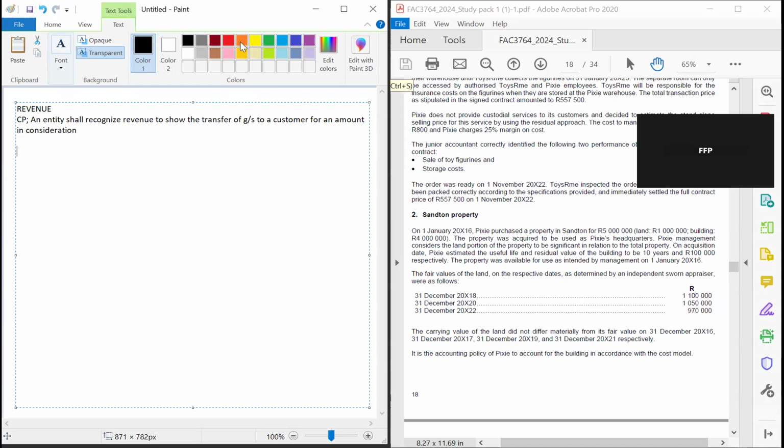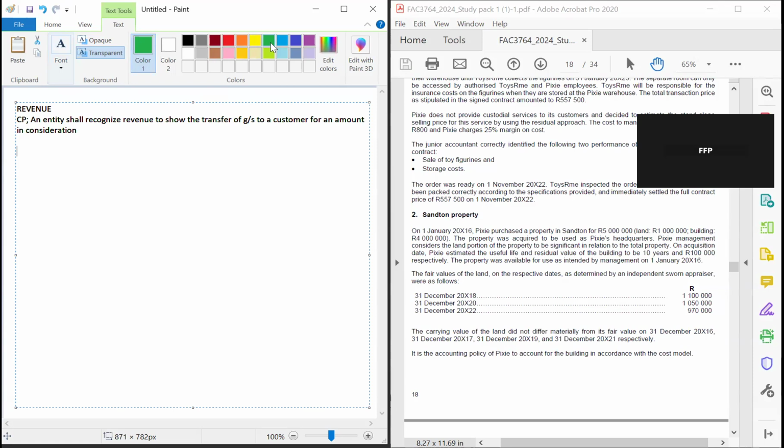So now, in this core principle of revenue, what we need to take note of is that there are 5 steps. There are 5 steps of the revenue recognition, right? So we are going to do the steps one by one, right? But when you are answering a question, you need to be mindful of which ones are applicable to the question, right?